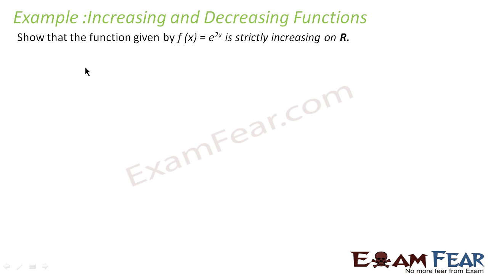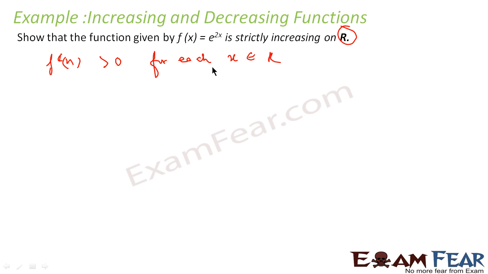Let's take one more example. Again, we have this function e to the power 2x. We have to prove that this is strictly increasing on R. Same thing, we have to prove that f dash x is always greater than 0 for each x that is a member of this domain, that is R. Please note, for each x.